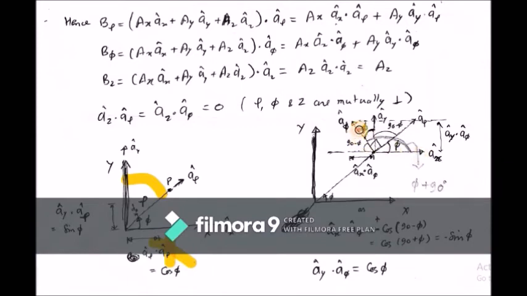The angle between ax and a phi is this much. This angle is phi, and this angle is phi, and this angle is 90 degree, this angle is phi, so what is this overall angle?